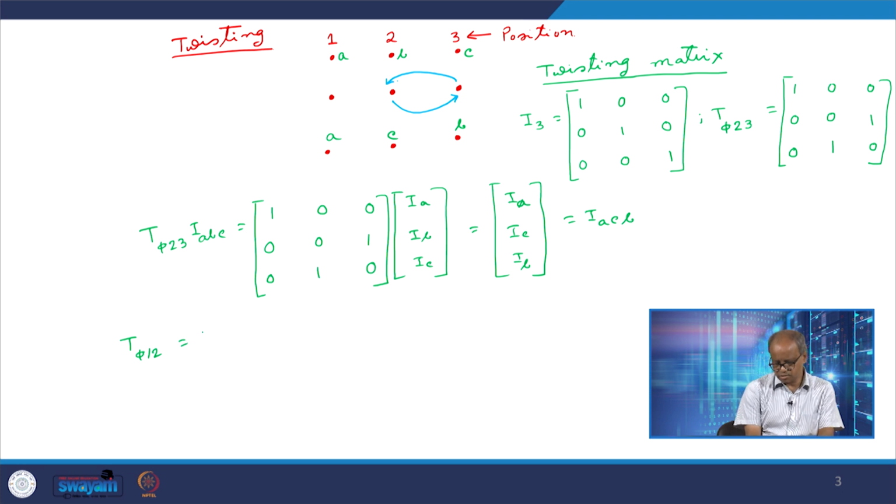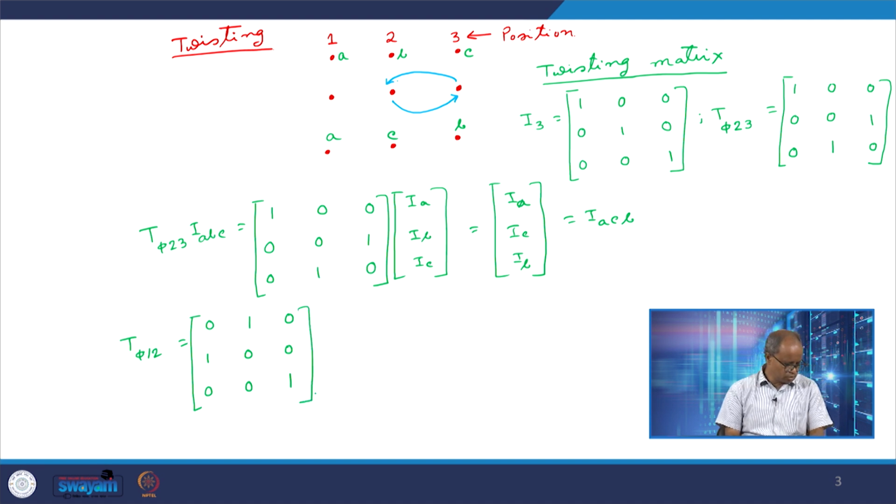In that case, columns 1 and 2 will interchange their positions. So original column 2 will become column 1: 0 1 0, 1 0 0, and 0 0 1. That would be the twisting matrix.